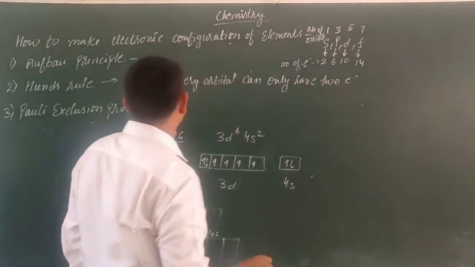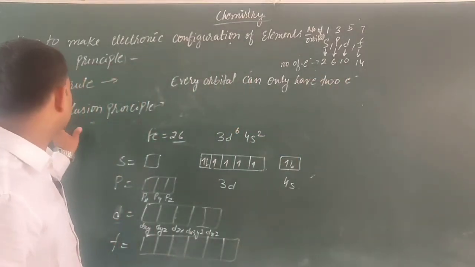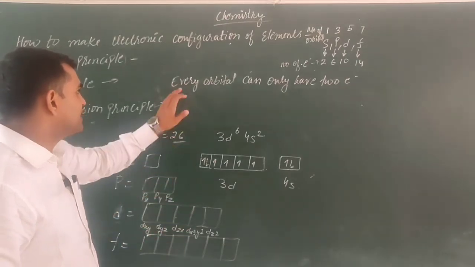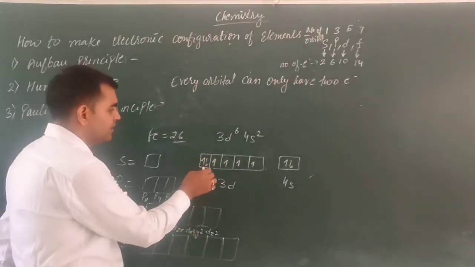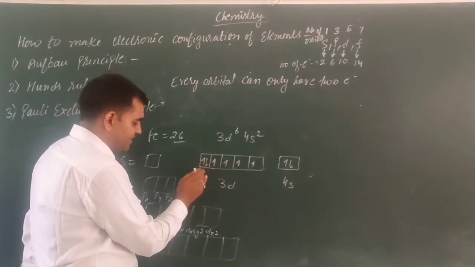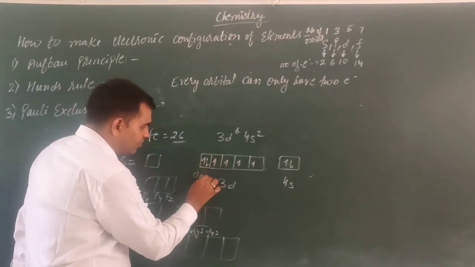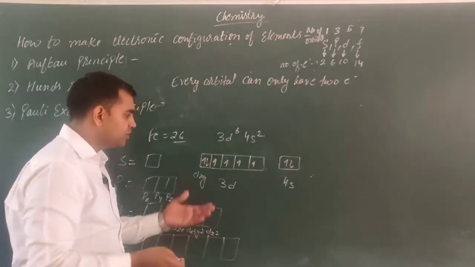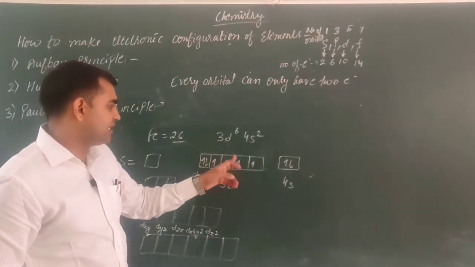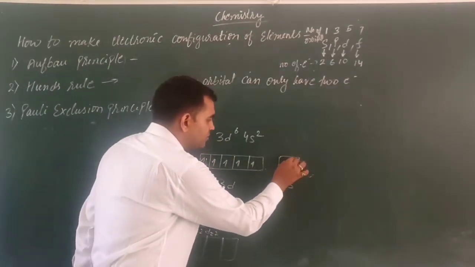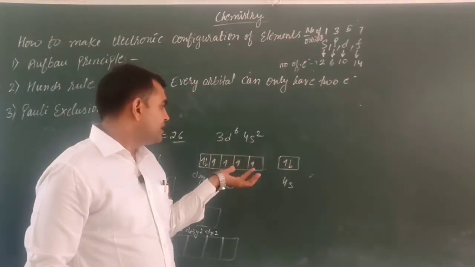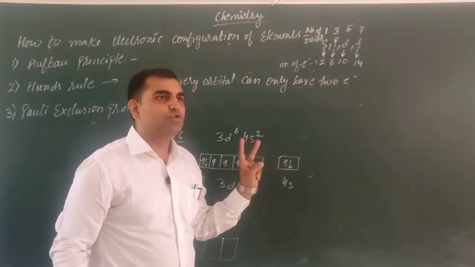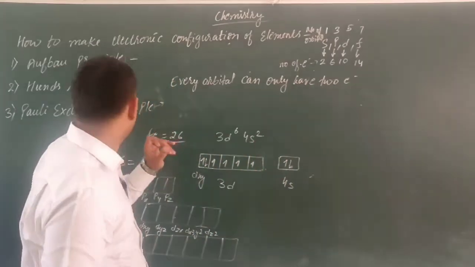This is the first rule of the Pauli exclusion principle. Like we can say here in the d orbital first, that is dxy, contains only 2 electrons, then nothing is left in the d, so that's why the others contain only 1 electron. But here also it contains only 2. That means that maximum any orbital can have 2 electrons. That is the Pauli exclusion principle.